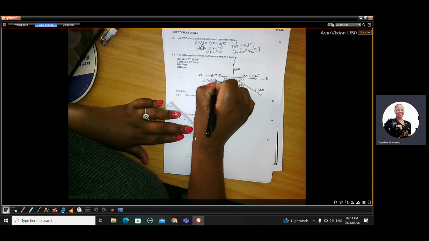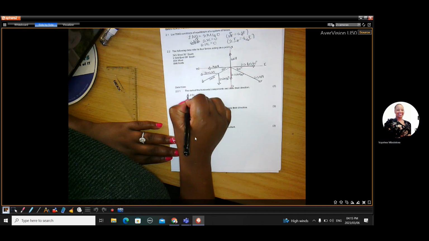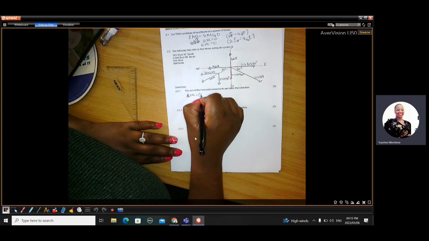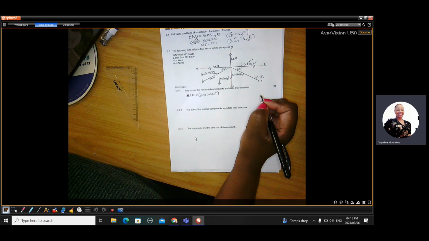Okay, so let's look at the sum of the horizontal components. Your eastwards forces will be positive, 2.5 cos 60, this one. And that is all that is positive.